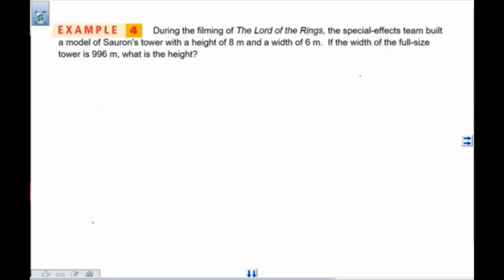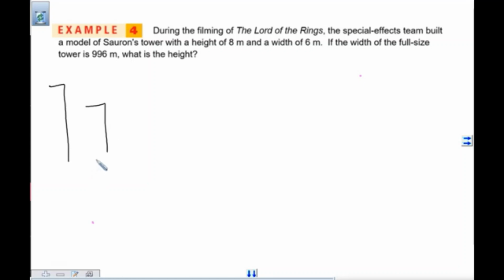Next up, during the filming of The Lord of the Rings, the special effects team built a model of Sauron's tower with a height of 8 meters and a width of 6 meters. If the width of the full-size tower is 996 meters, what is the height? So I am going to draw a couple of figures over here.